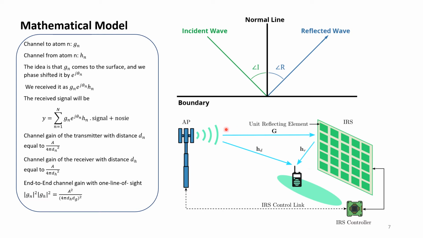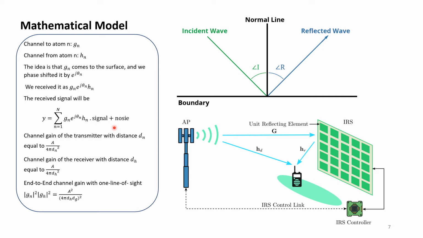The channel from the transmitter to the IRS, we call it g_n, and the second channel, we call it h_n. So when the signal comes and hits the IRS, it will be reflected and phase shifted by an angle theta_n.